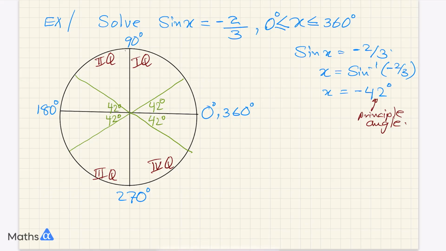We know that here sine is positive and here sine is positive. In these two quadrants, sine is negative. So I'm going to note that here sine is negative. So I need angles in the third quadrant and fourth quadrant, because in these quadrants sine is negative.